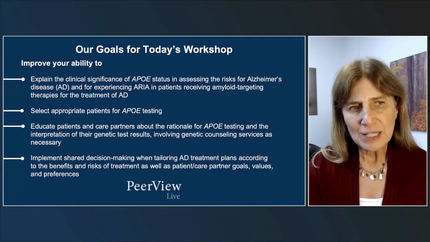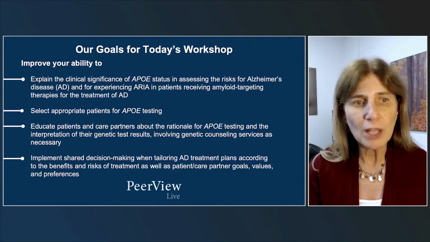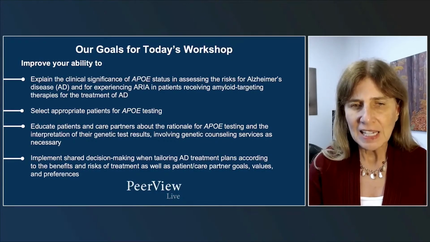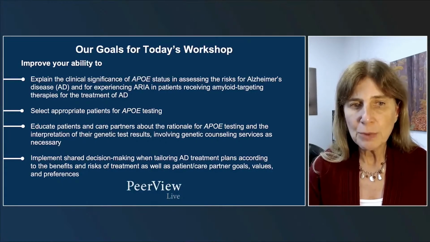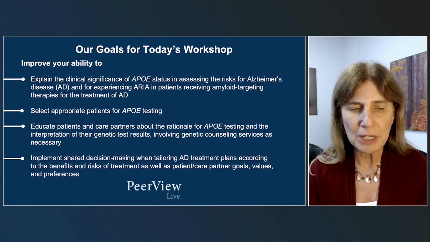Our goals for today's workshop are fourfold. We want to improve your ability, number one, to explain the clinical significance of ApoE status in assessing risk for Alzheimer's disease and risk for experiencing ARIA in patients receiving amyloid-targeted therapies.